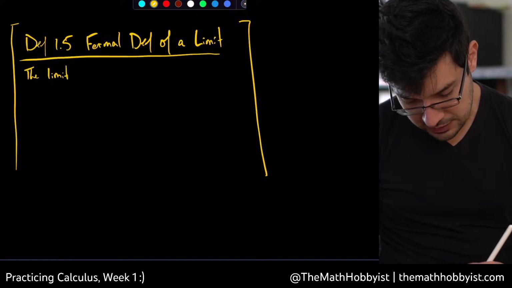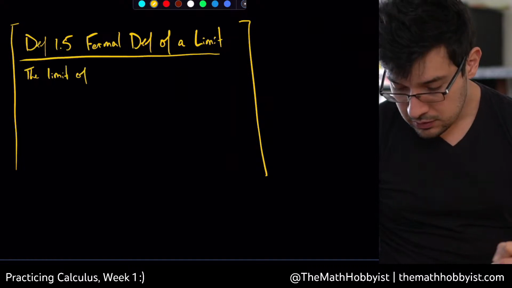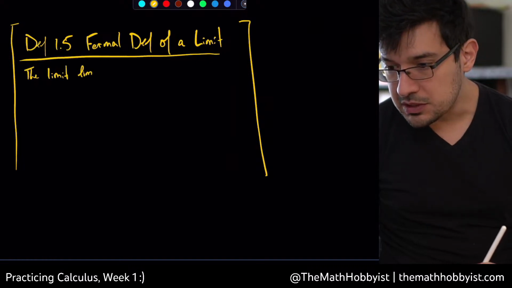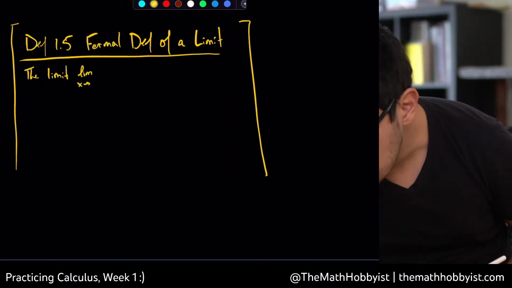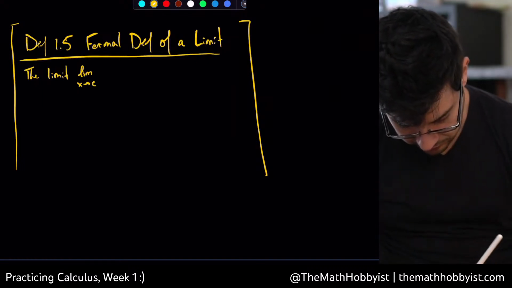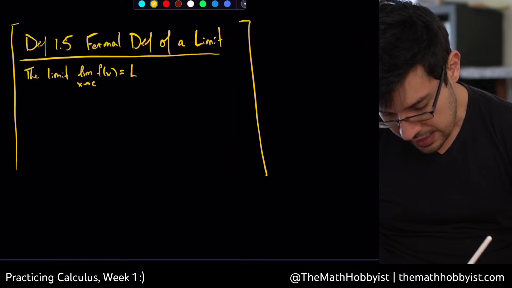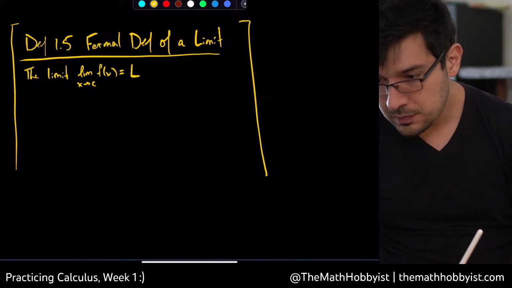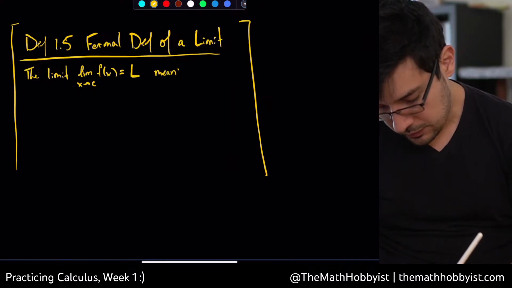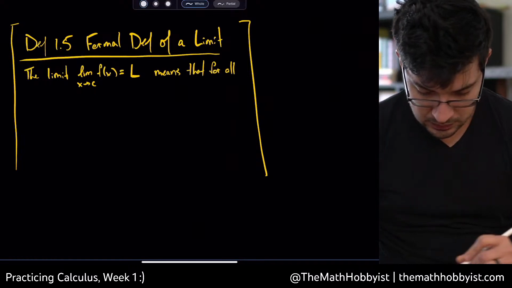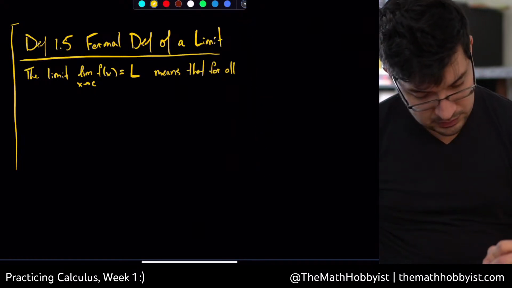The limit, which we denote by this notation as x tends to c, f of x equals L, means that for all, previously it was squishy.